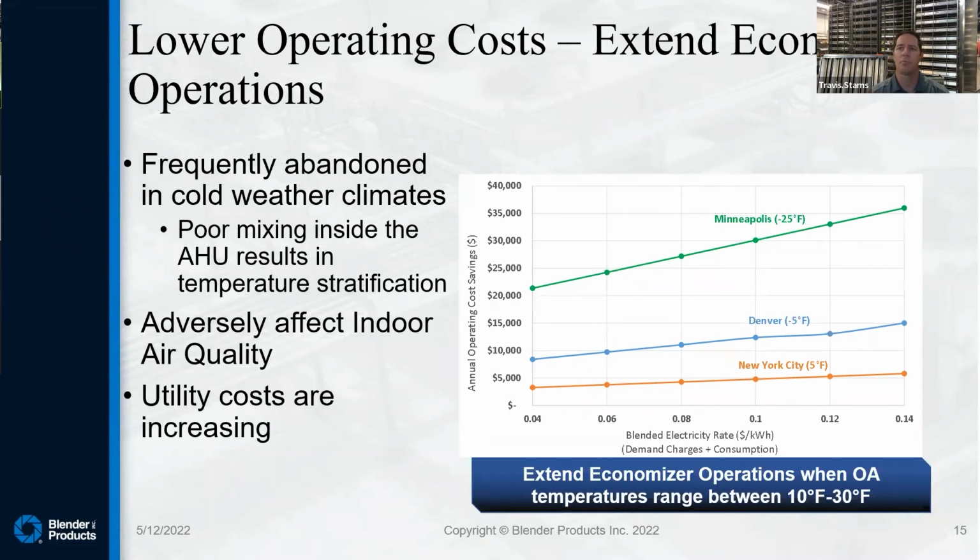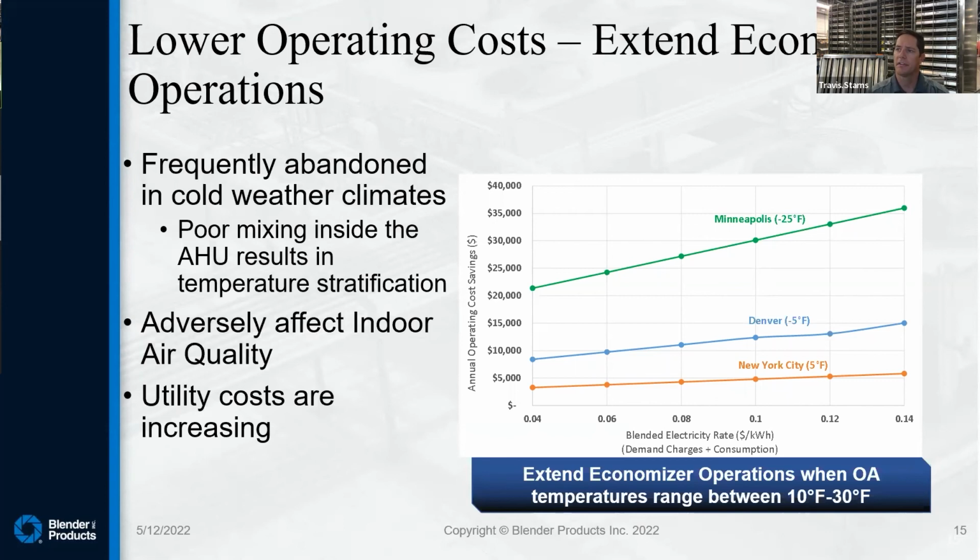At the end of the day, we recognize that dollars and cents matter. So what you're looking at is a plot where, if you do the accounting, you keep the compressor off and those circuits of preheat and cooling off, and you look at the additional energy penalty from the channel blender pressure drop. In cold weather climates, it's intuitive, you're going to get the quickest payback or the largest annual operating savings.